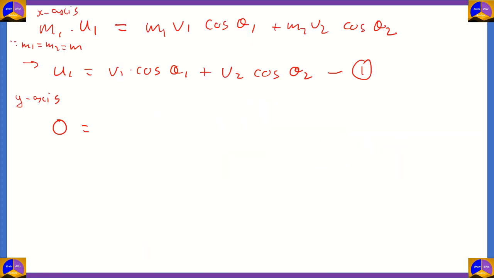So now it'll be m1 times v1 sine theta 1 minus m2 times v2 sine theta 2 because they are moving in opposite directions. You can take the mass common and remove it, so that will be 0. So therefore 0 is equal to v1 sine theta 1 minus v2 sine theta 2. Now the reason why it's minus is because they are in opposite directions along the y-axis.